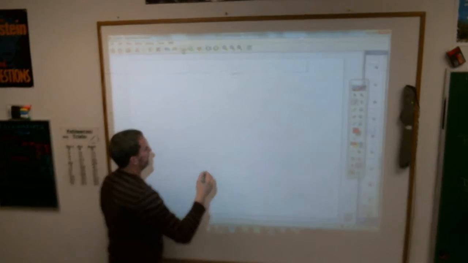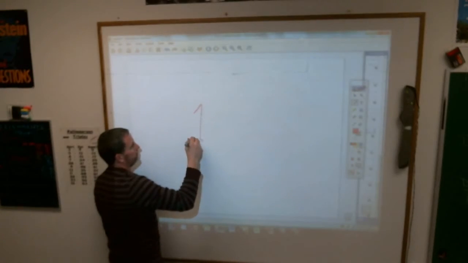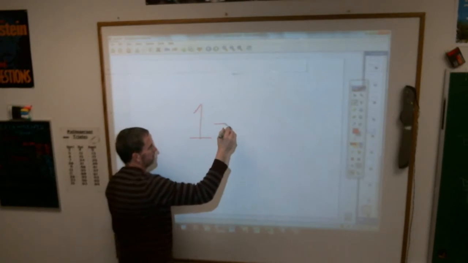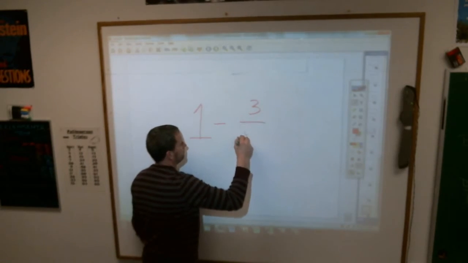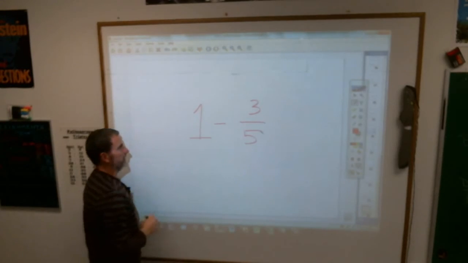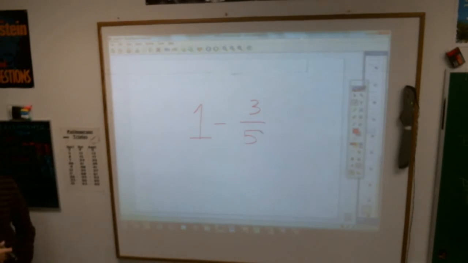Let me give you one to try here. Tell me if this is too small for you to read. 1 minus 3/5. And again, it matters not to me whether you can do this in your head, you still need to show me your work. You have the rest of your life for doing stuff in your head. Prove your intelligence to other people, not necessarily to me. 1 minus 3/5.